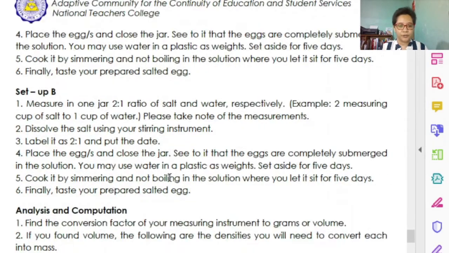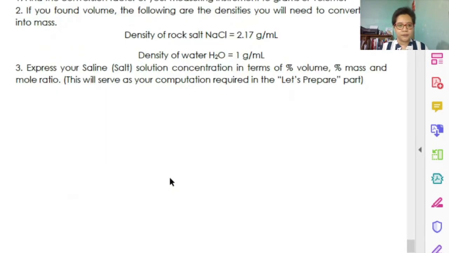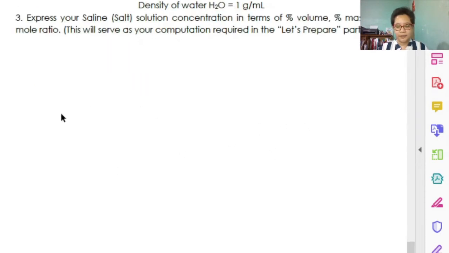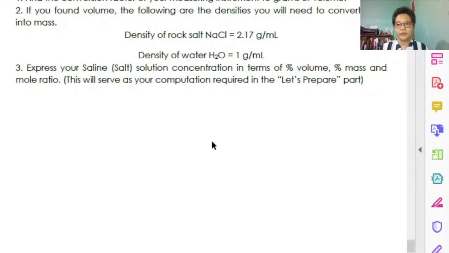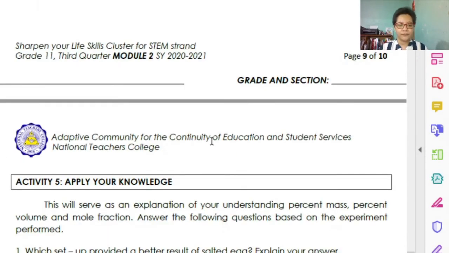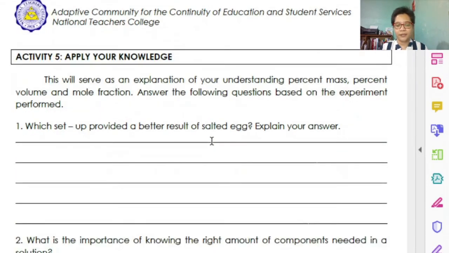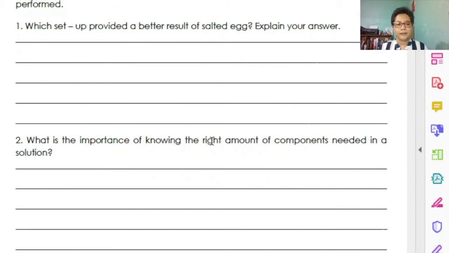And for the computation, this space is for the computation of your percent by mass and percent by volume of the salted egg. Densities of salt and water are also given to complete your computation. And then activity 5 is the guide questions to be answered to conclude what is the importance of quantitative measurements.